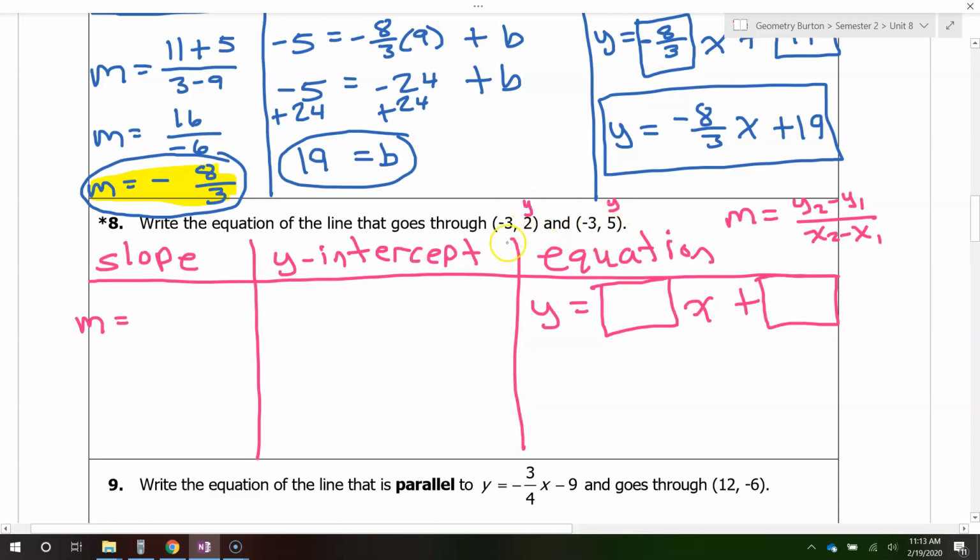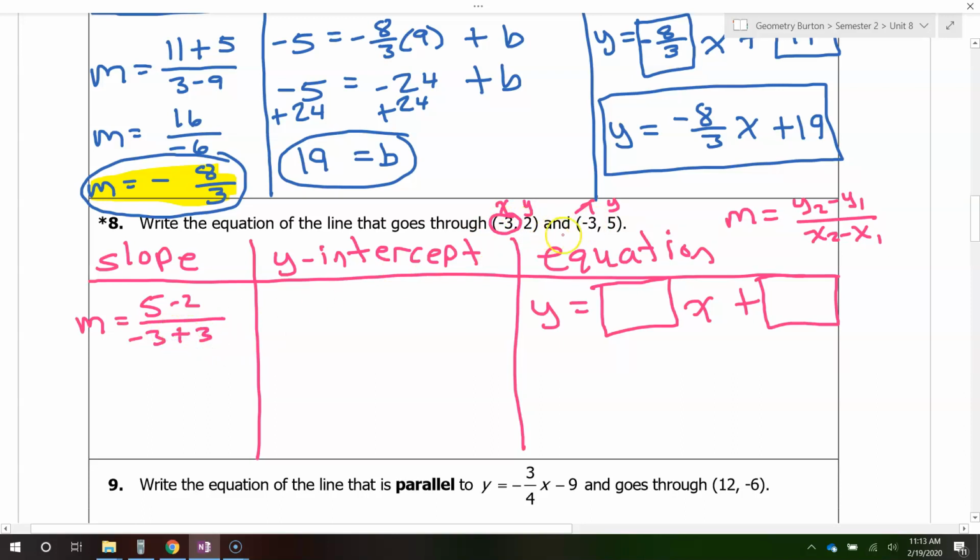So that's going to be 5 minus 2. Okay, over x minus x. Notice that the second x is negative. So I'm gonna do negative 3, but I'm doing negative 3 minus negative 3. So that's really going to be negative 3 plus 3.